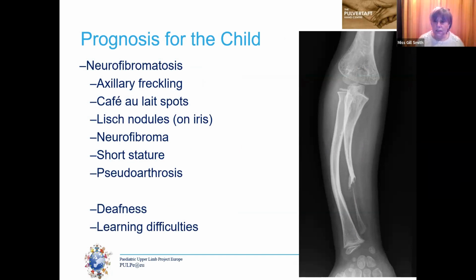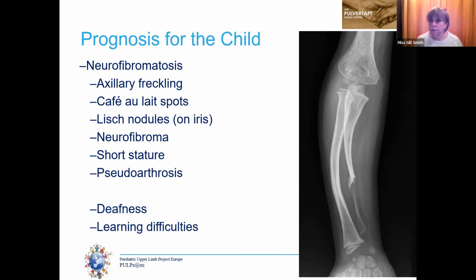And obviously the axillary freckling doesn't always appear straight away. The cafe au lait spots usually appear relatively early and you need more than 5. Short stature is there. But I've had 2 patients who presented with an abnormal x-ray after a minor fall. And the abnormal x-ray, as soon as you look at it, you just know this is going to be NF1, and that's been how we've made the diagnosis.